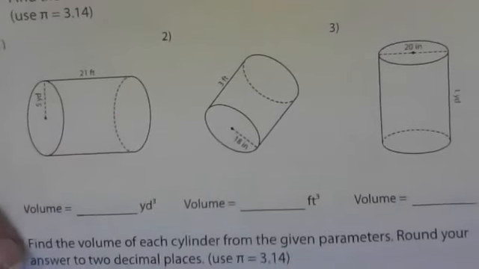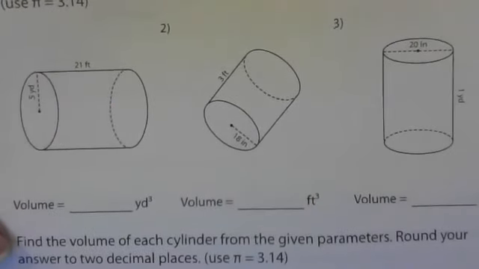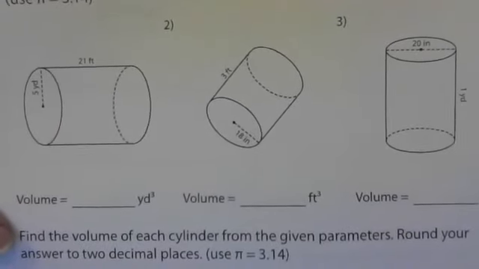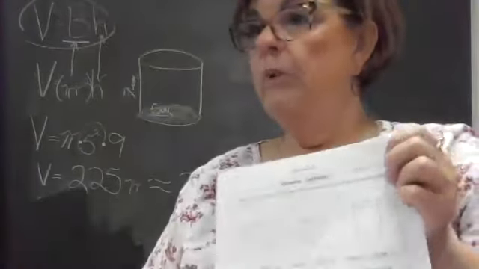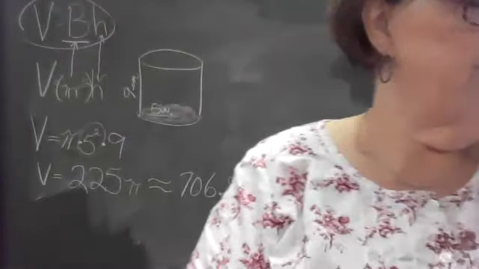Okay. And if y'all have questions here in class, feel free to come up and let me refresh you on that. Other than that, reading the directions, use 3.14 when they tell you to. Otherwise, use your pi button.